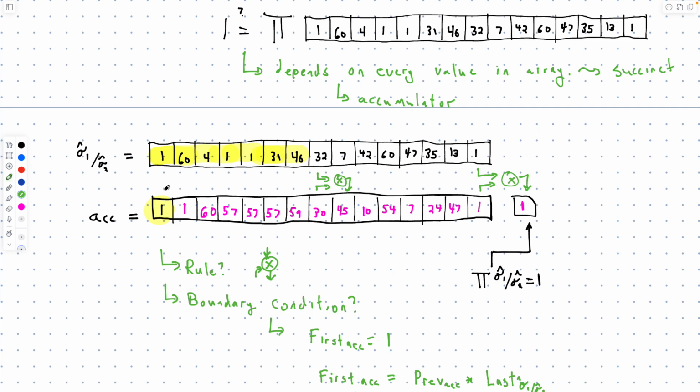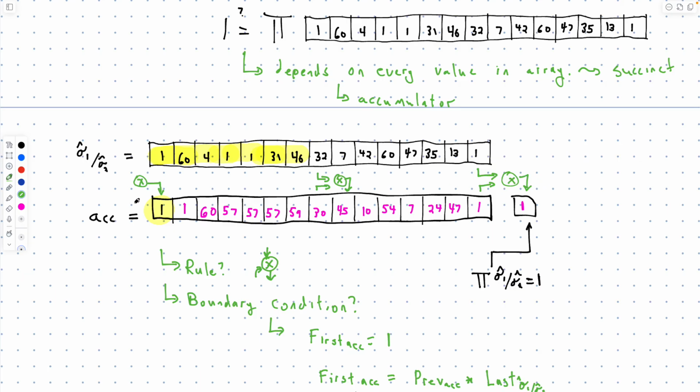The other boundary condition is what happens on the first element. Where does the first element come from? The first element comes from the previous 2 elements, right? So it's going to be the product of the previous element.